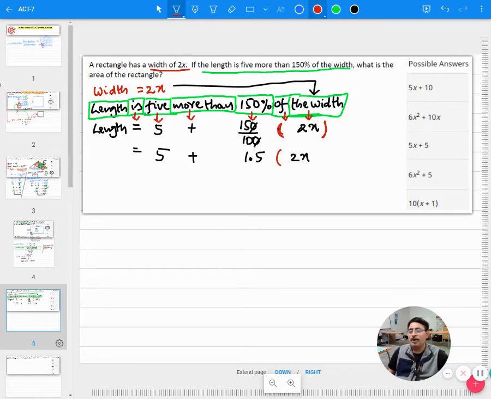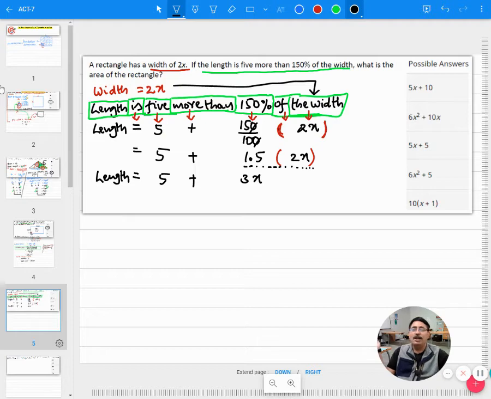You can make use of a calculator. I know that 150 over 100 is going to be 1.5. Don't forget, of means times. So 1.5 times 2x is going to be 3x. Then length is going to be 5 plus 3x. Again, I'm repeating, you have to use PEMDAS, then 1.5 times 2 gives you 3x. That is the length.